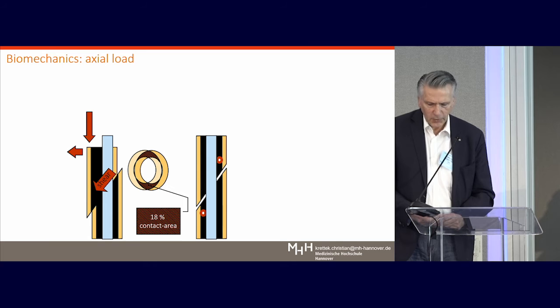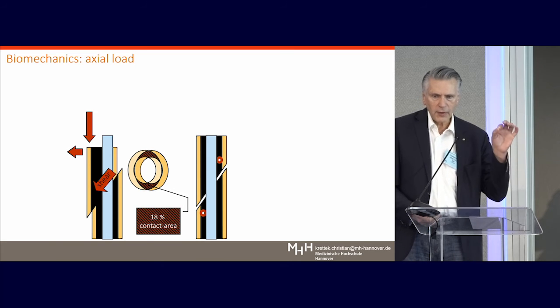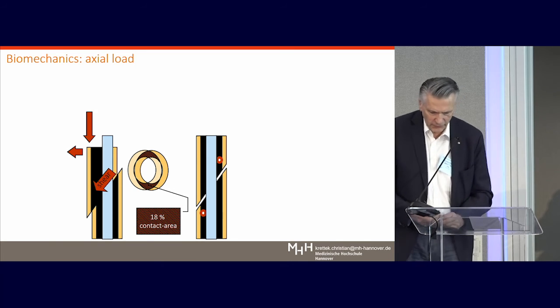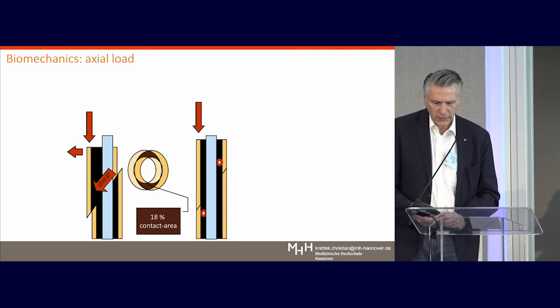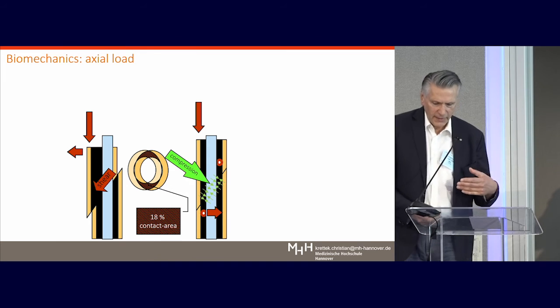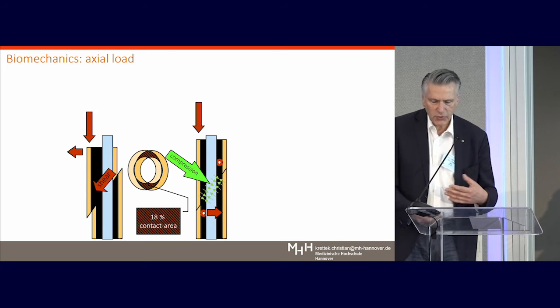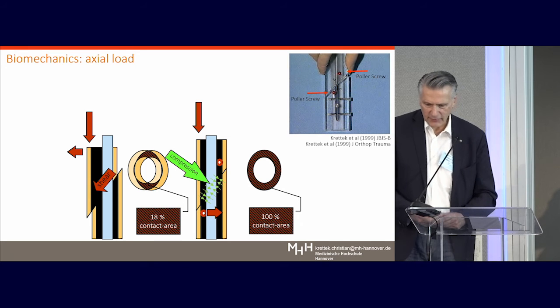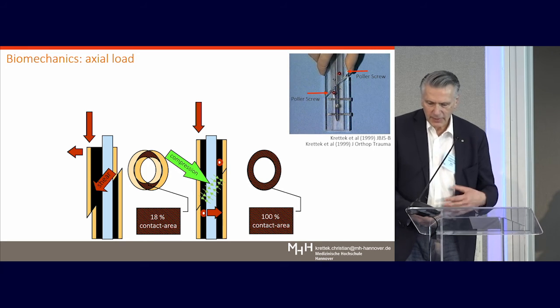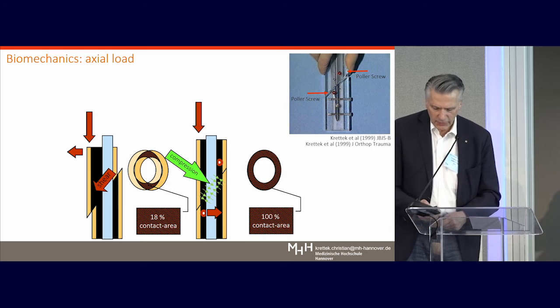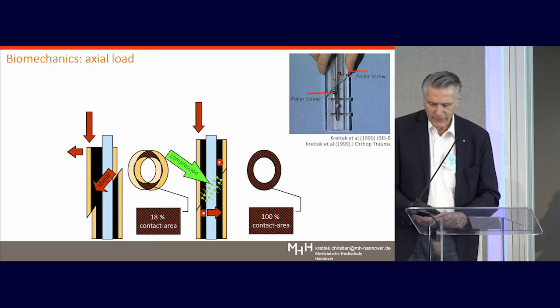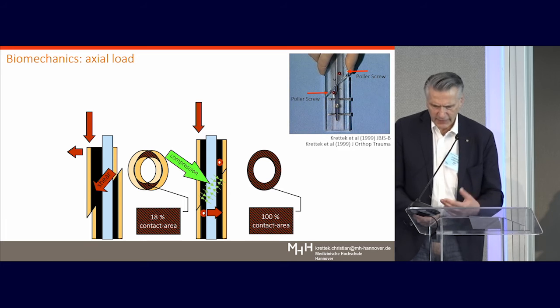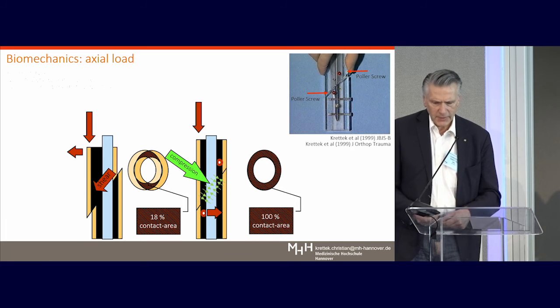But when we place polar screws, and we always place them on the blunt side of the blunt angle, when we now load the construct, we hit the other fragment, but there is no displacement anymore. Instead of shear, the bad shear, we have a good compressive force, and we have 100% contact area. So here in the plexiglass model, we end with a good contact. And this is a necessary requirement for alignment and fracture healing.